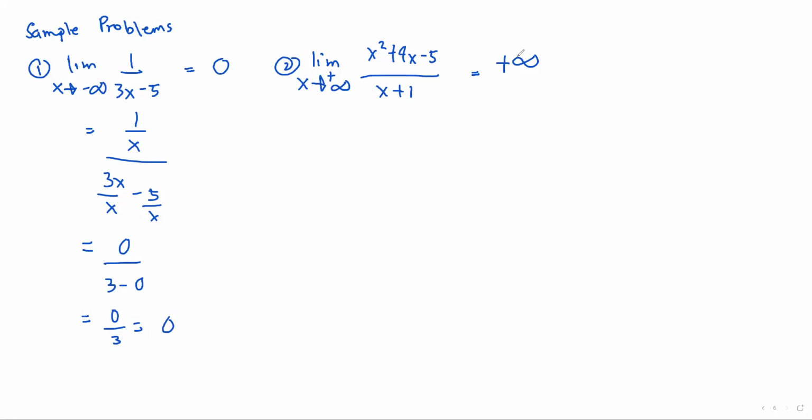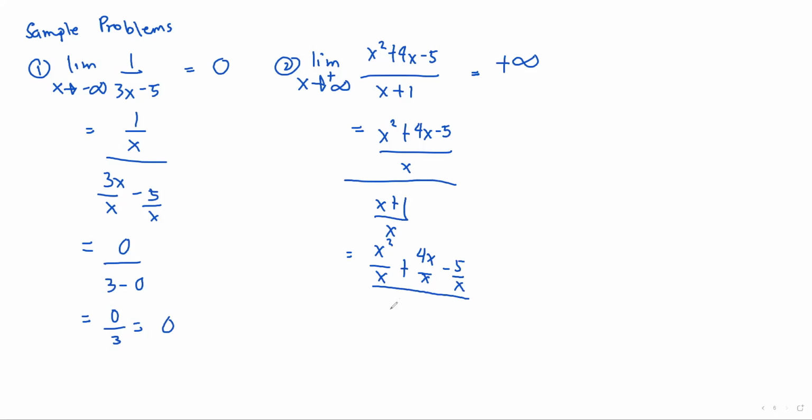Okay? So ayan. Kung pakita yung solution, magiging x squared plus 4x minus 5 all over x plus 1, over x. So, magiging x squared over x plus 4x over x minus 5 over x, all over x over x plus 1 over x. So, cancellation muna tayo.